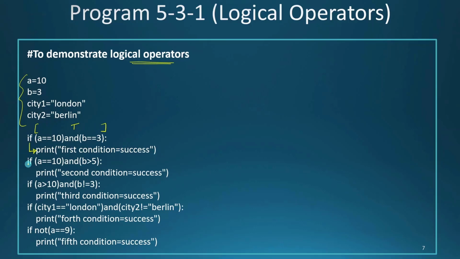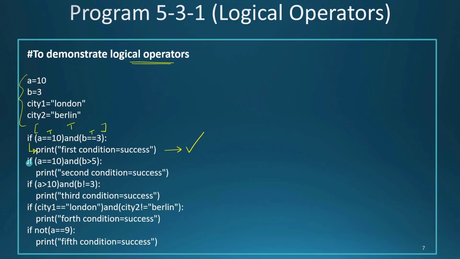Otherwise the control will go to the next if. Let us see how the first condition evaluates. a equal to 10 is true, b equal to 3 is true. So when you combine both true with AND, the final result is true. So it will print out first condition success. This we will see in the result.